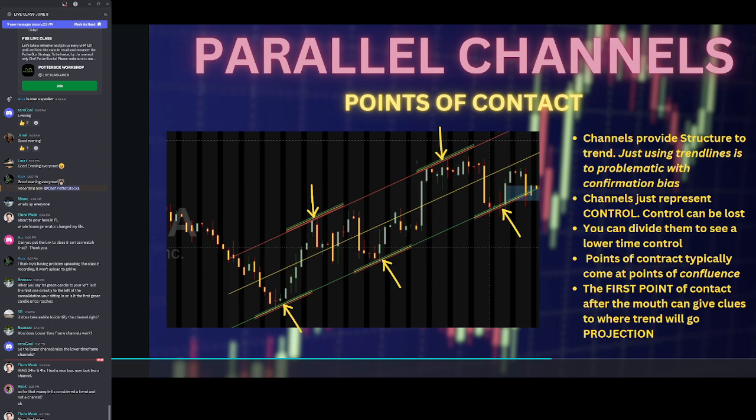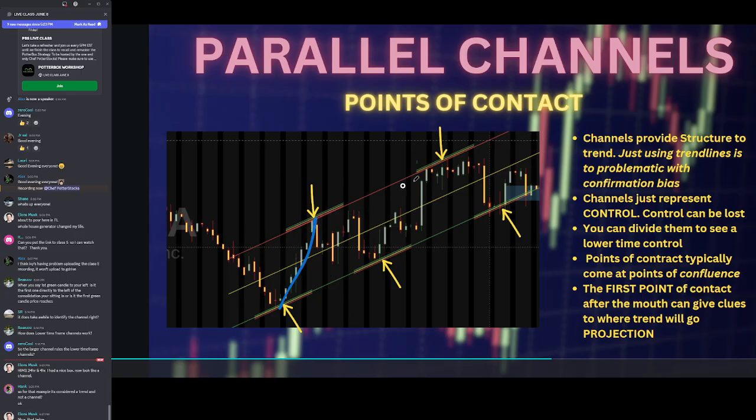Points of contact typically come at points of confluence, right? Confluences, and we're going to talk about those next, is where 2 points of data intersect. The first point of contact after the mouth can give clues to where trend will go. What I mean by that is a lot of times just by finding this wide fluctuation in price, right?